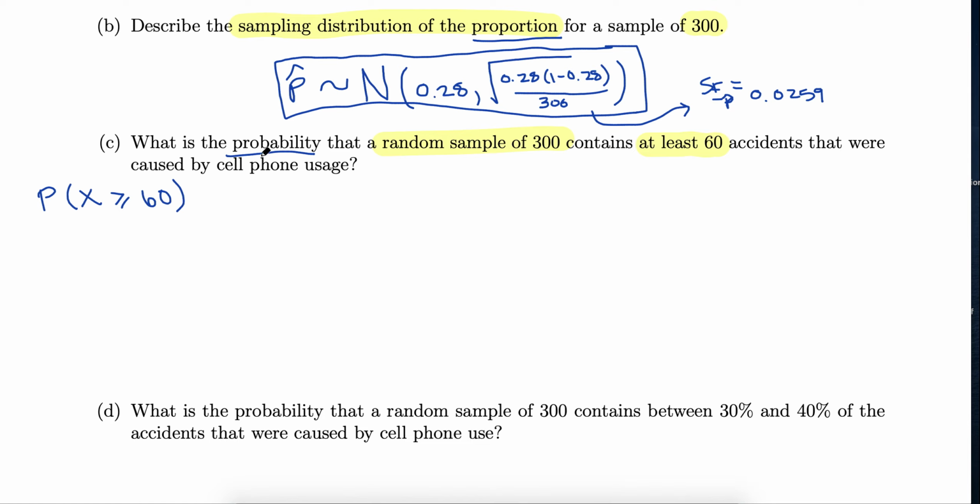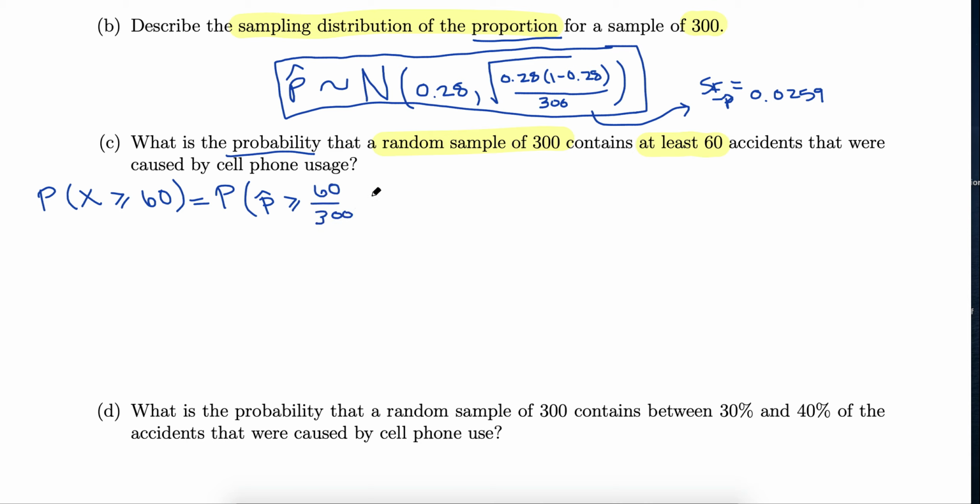And when I'm talking about random samples of 300, I don't know what raw data looks like, but I know what proportions look like. That's what we just worked hard to figure out on part B. What do the proportions from samples of 300 look like? So our next step is going to be to convert our question into proportions. So probability that p-hat, the proportion of my sample, is at least 60 out of a sample size of 300.